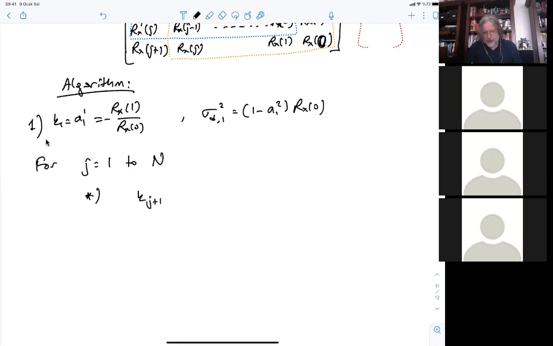k j plus 1. So now I evaluate k2 to be equal to rj matrix transpose times aj. It's not a matrix, it's a vector times this vector. So transpose times this vector will give you a scalar divided by sigma dj squared. So the jth sigma, for example, if you are evaluating k2, it means j is equal to 1. So you are going to use sigma d1 squared, which is already evaluated here. So you know it for k2.